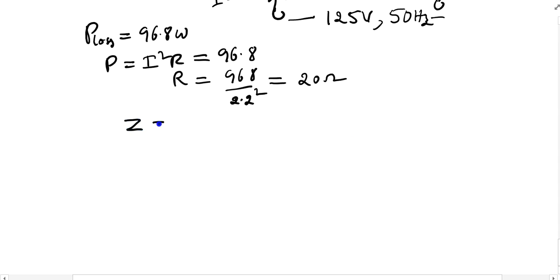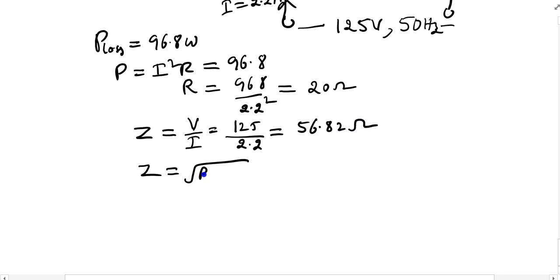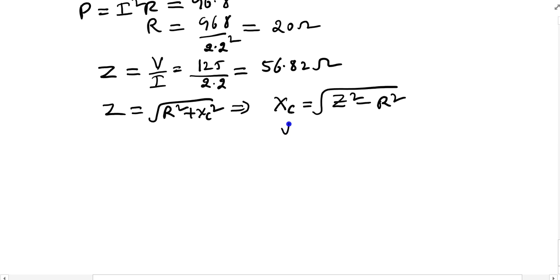Similarly, what is Z here? Z is V by I, which is 125 by 2.2, so this is 56.82 ohms. If you use the relation Z square equals R square plus XC square, I want to calculate XC, which is the square root of Z square minus R square. Do this and you will get XC equal to 53.2 ohms.